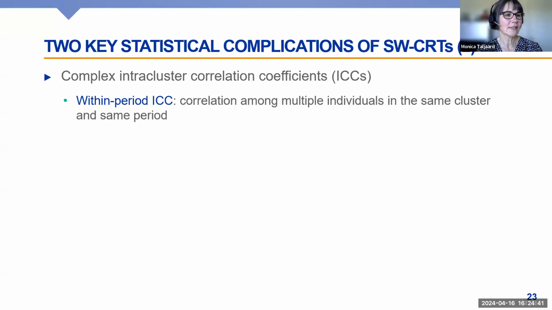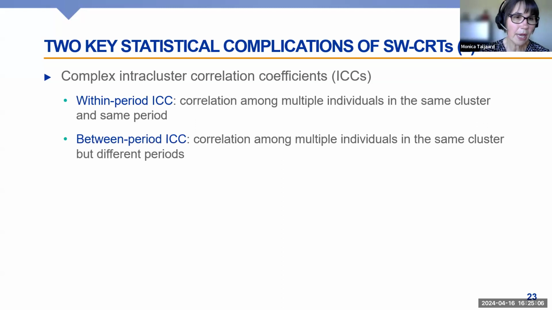The second key statistical complication is that the intracluster correlation situation is quite complex. Now, it's already complex enough in any cluster randomized trial. We have to account for the intracluster correlation in our sample size calculation and in our analysis. But in a stepped wedge design, we have to account additionally for the over time correlation.